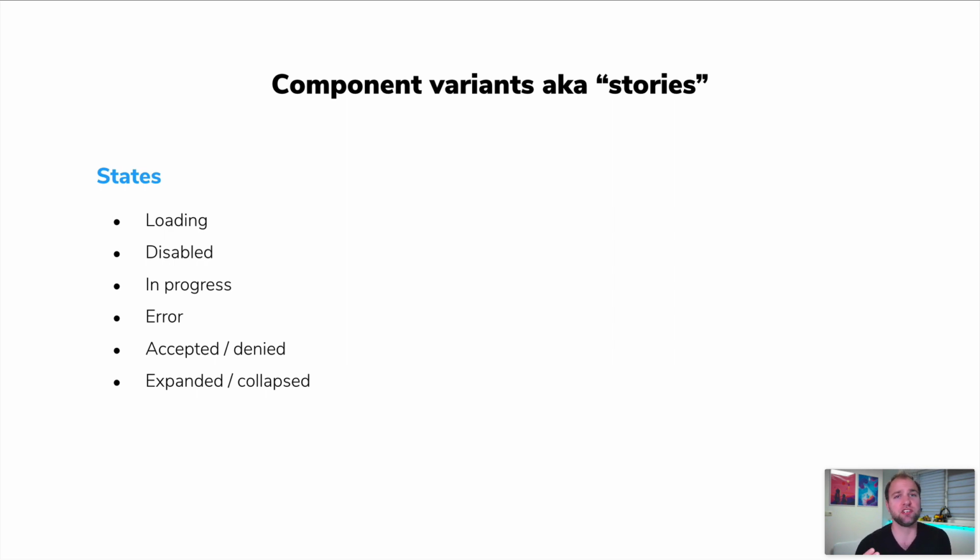There are various states that a component can be in, like a loading state, or disabled, or something in progress because you just clicked the button, or an error state, or say an accept/deny thing, or expanded/collapsed because it's an expandable component. That depends, of course, on your component, but there's plenty of things to think about here.